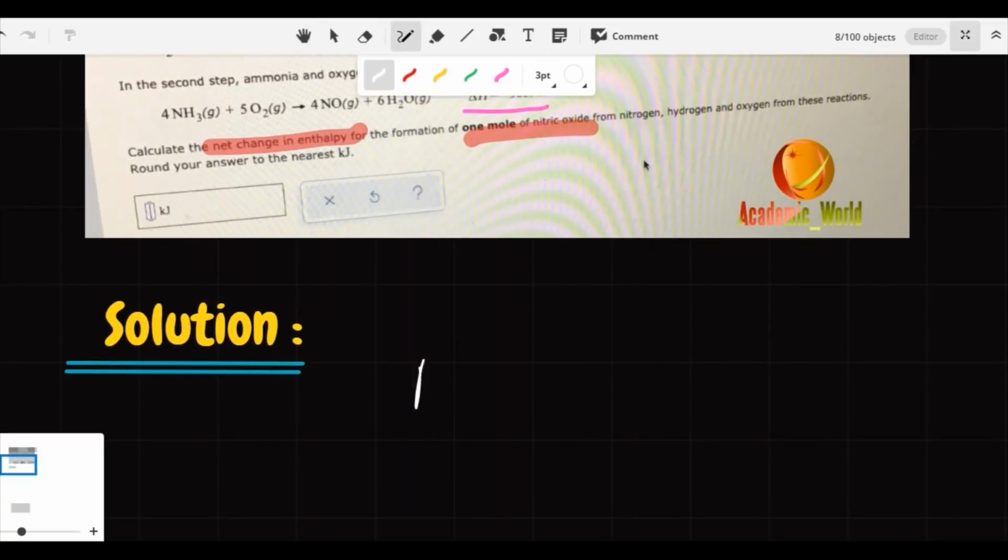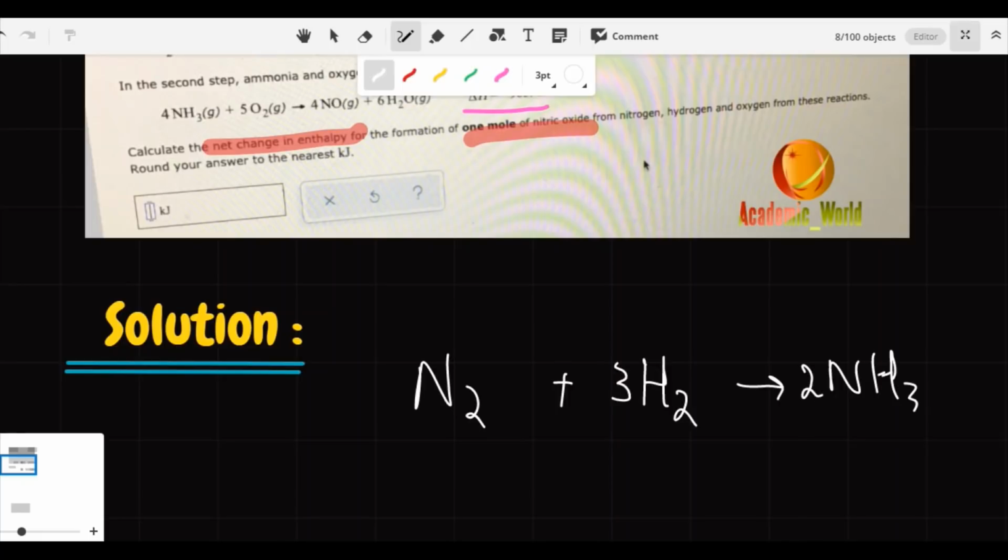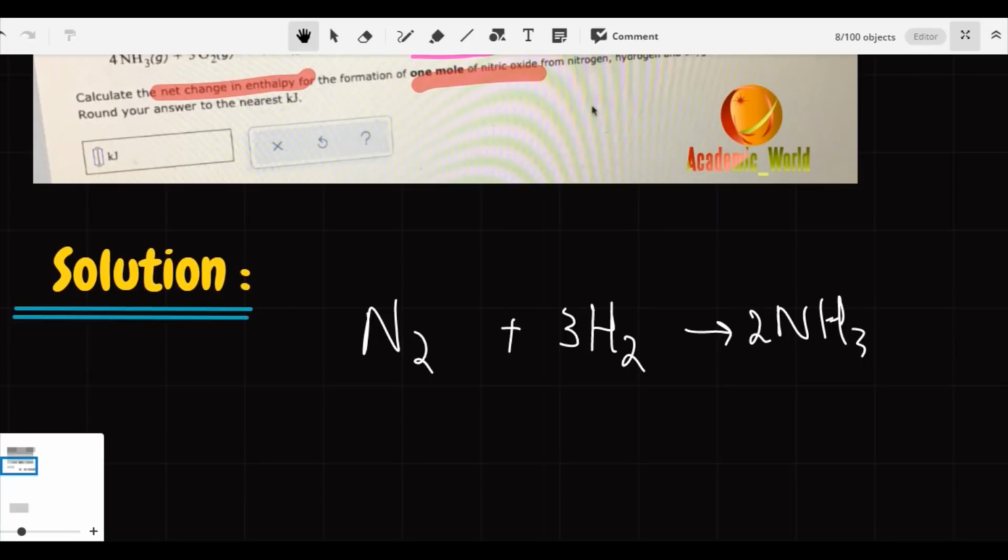Here is nitrogen reacting with hydrogen to form ammonia, and here you need to balance this, so there will be 2 moles of ammonia and 3 moles of hydrogen that react to form the ammonia.